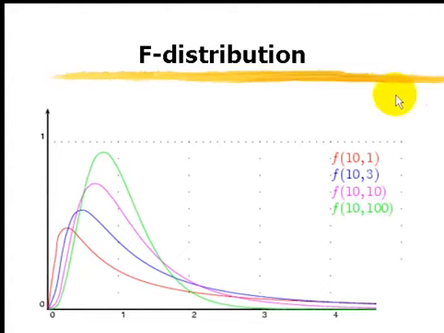You'll notice up here they have F10-1, F10-3, 10-10, and 10-100, each associated with a different color on the graphs. The first thing that I'd have you remember is that these distributions are really a function of sample size in the F distribution, just as it is in the T distribution.